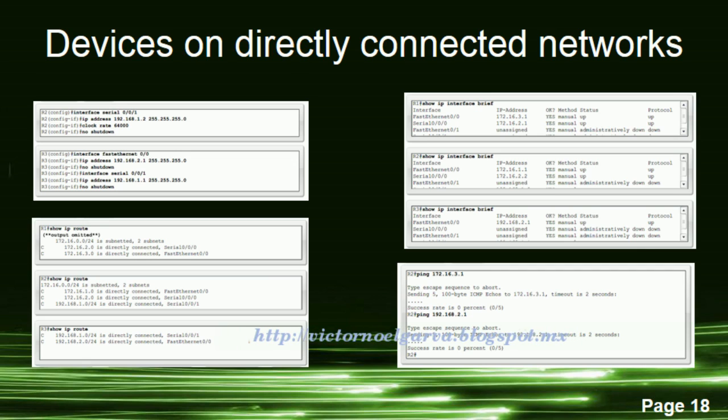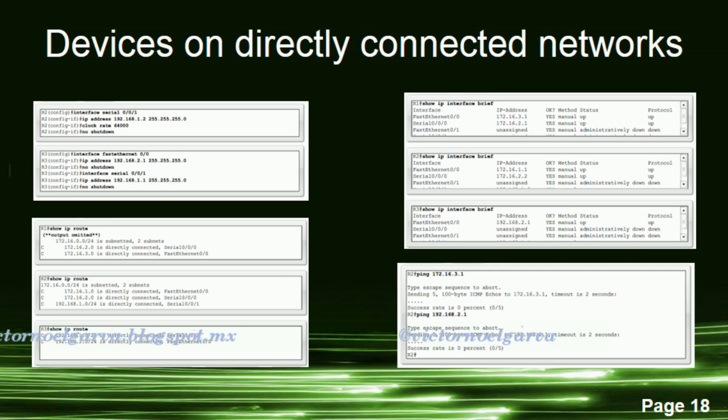R1 can communicate with any device on the 172.16.3.0/24 and 172.16.2.0/24 networks. R2 can communicate with any device on the 172.16.1.0/24, 172.16.2.0/24, and 192.168.1.0/24 networks.